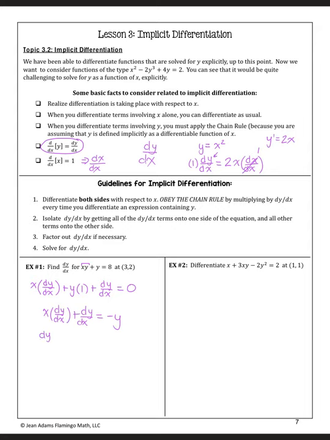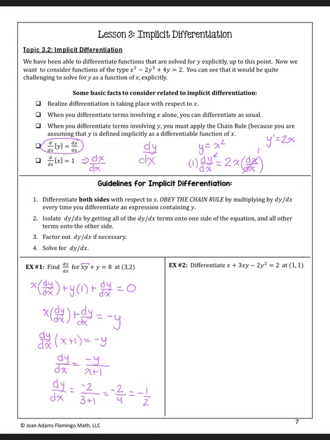I can factor out dy dx, getting x plus 1, and it is equal to negative y, and then divide. That is my equation for the derivative. Now it needs to be at the point 3, 2. My y value is 2, my x value is 3, so I get negative 2 over 4, or negative 1/2.